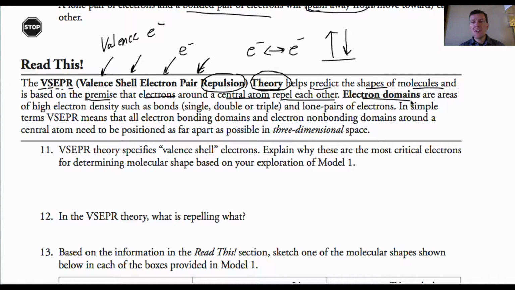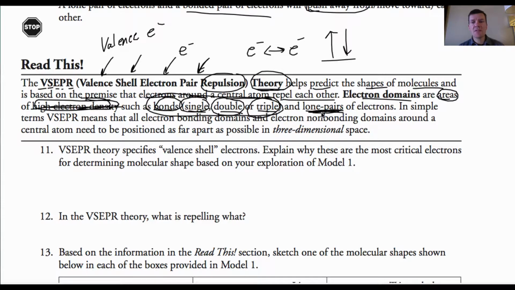These electron domains are areas of high electron density, such as bonds. That could be a single, double, or even triple bond. All of these count as one electron region. A single bond is an electron domain. A double bond is just one electron domain. Even a triple bond is one electron domain. And lone pairs count as an electron domain.